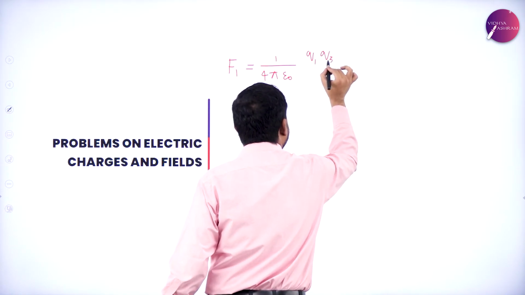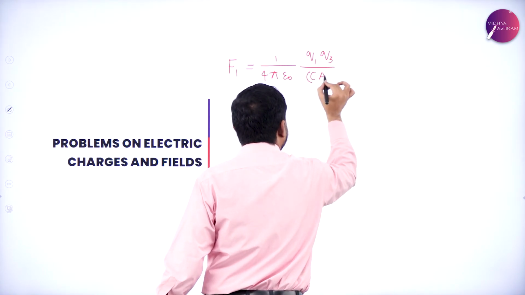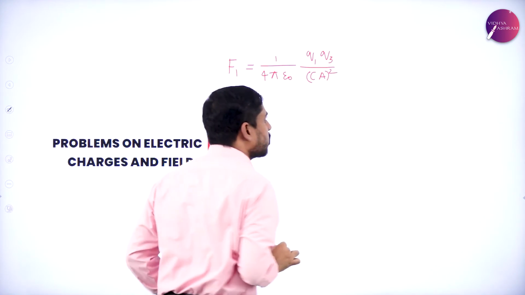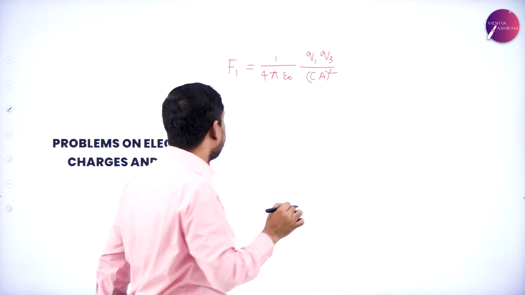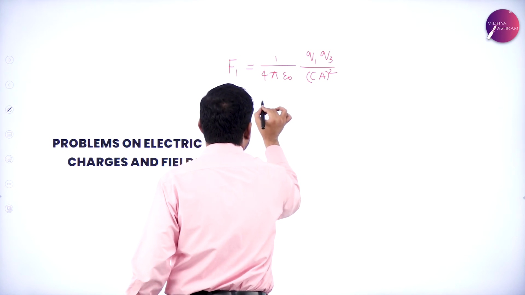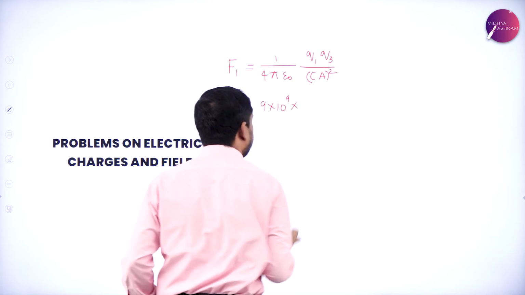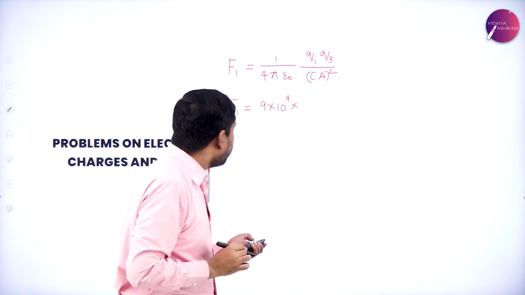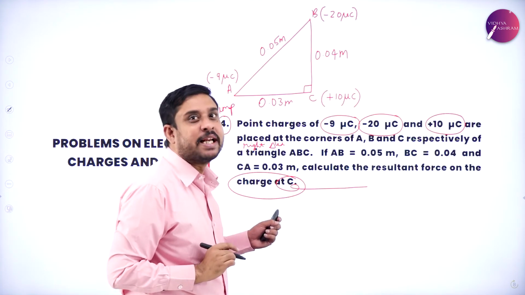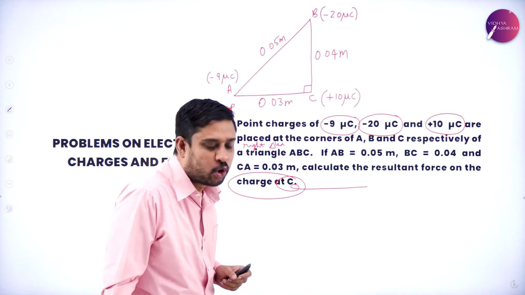Charge at C is Q3. Distance is CA whole square. Or F1 is 9 into 10 power 9 into. If you observe Q1, there is something important. Minus 9 microcoulomb.